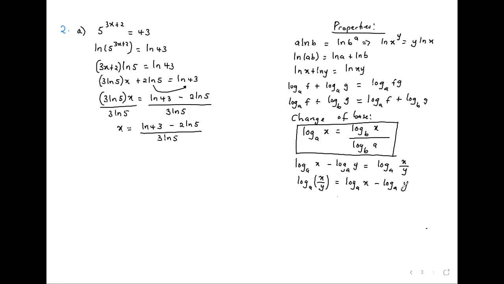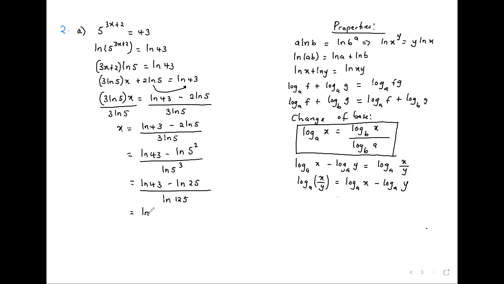So now I come back to our question. Our question has ln 43, we'll leave it as it is, minus, so we'll take the 2 back to 5, divide by, we'll take the 3 also back to 5 as a power. This will be ln 43 minus ln 25, everything divided by ln 125. Then we can put those together.